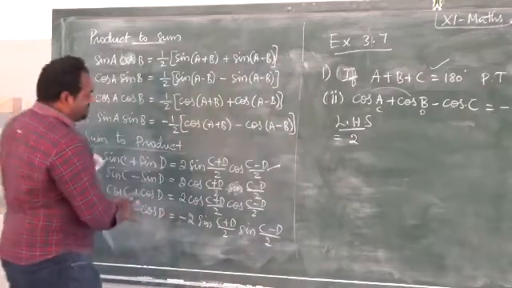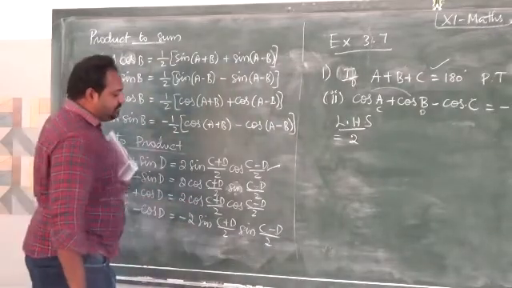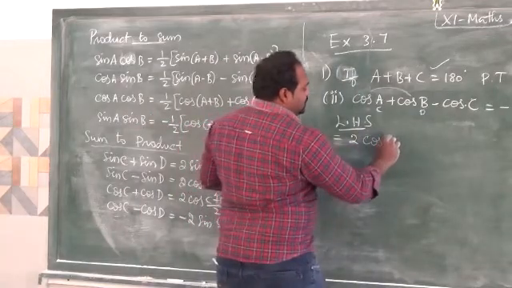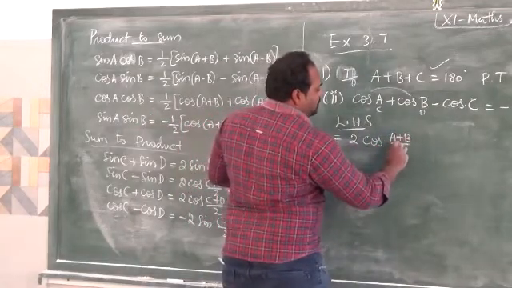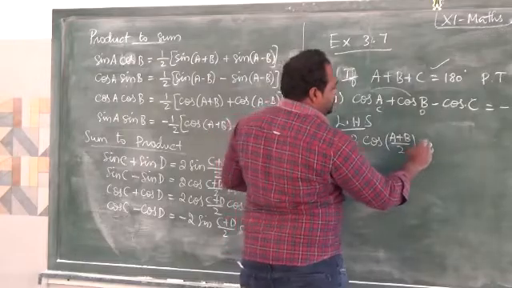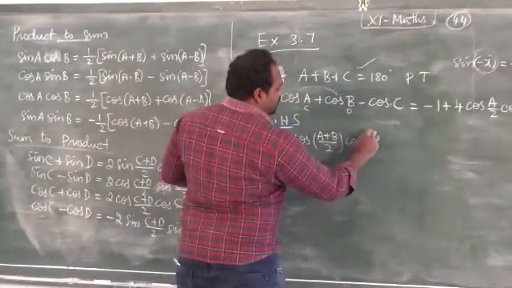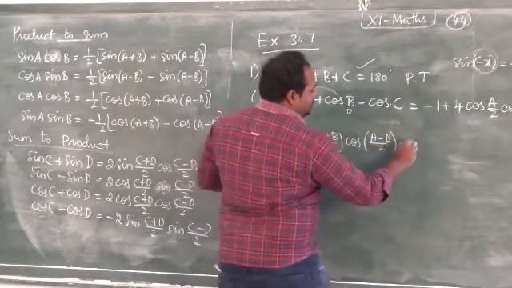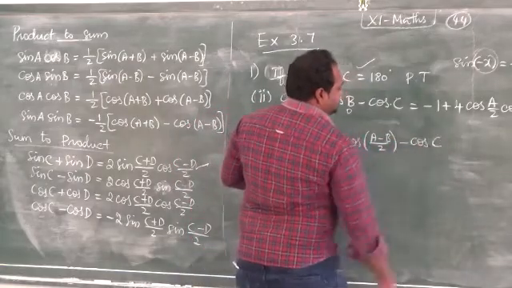Cos C plus cos D formula is 2 cos C plus D by 2 cos C minus D by 2. 2 cos A plus B by 2 and then cos A minus B by 2 minus cos C as it is.